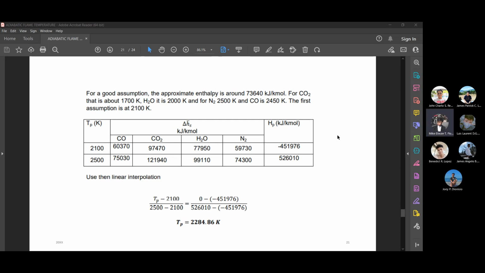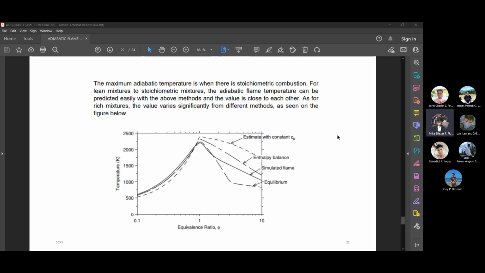Then finally, using linear interpolation to solve, we have the temperature of the product minus 2,100 divided by 2,500 minus 2,100 equals 0 minus negative 451,976, divided by 526,010 minus negative 451,976, and our temperature of the product will result in 2,284.86 Kelvin. Next.